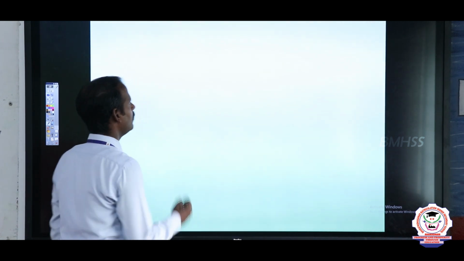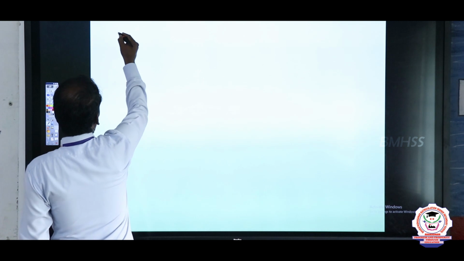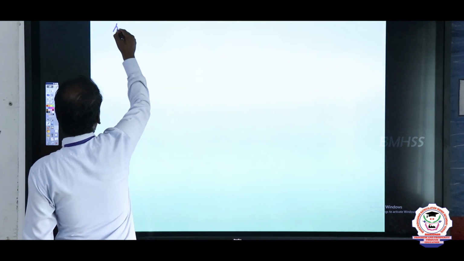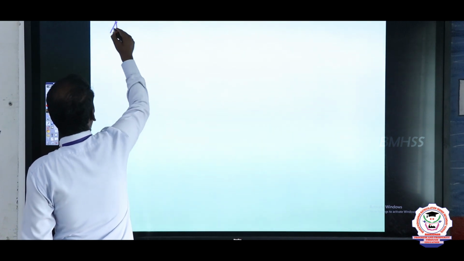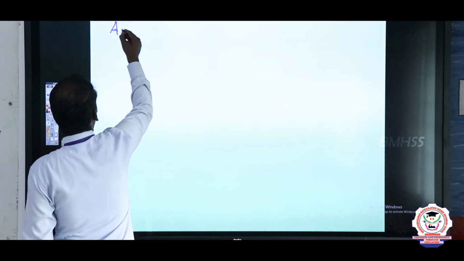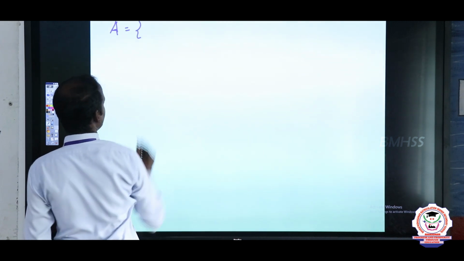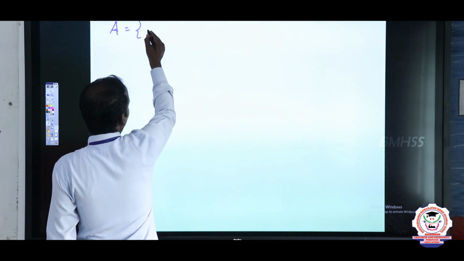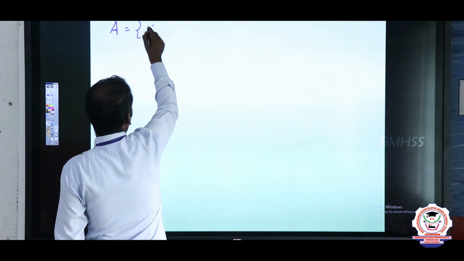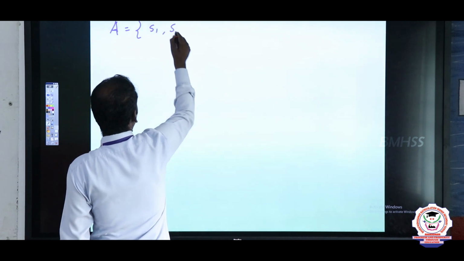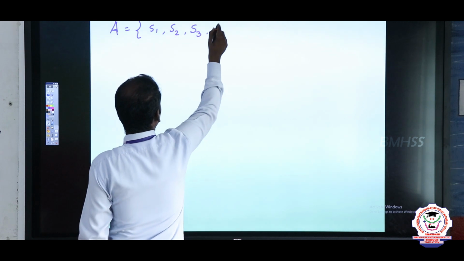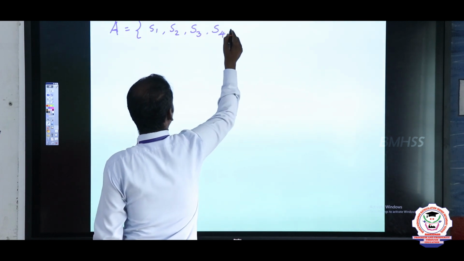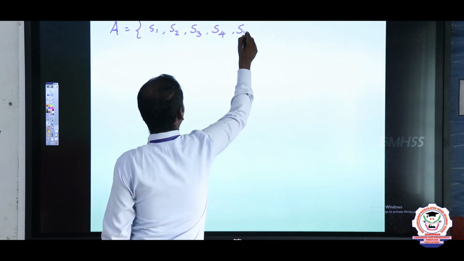The first example, let us consider a set. Let us consider a set of number of students, person 1, S1, student 1, student 2, student 3, student 4, student 5.